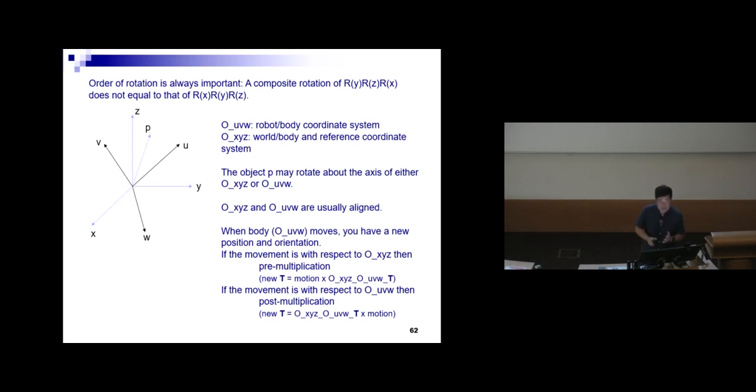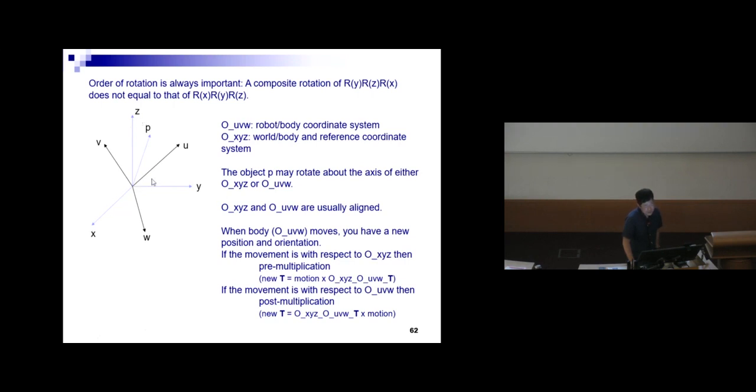So bear in mind that the order of rotation is always important. If I have a composite rotation of Ry, Rz, and Rx, it does not equal Rx, Ry, and Rz. For example, if I have two frames over here, I have the reference frame, x, y, and z.